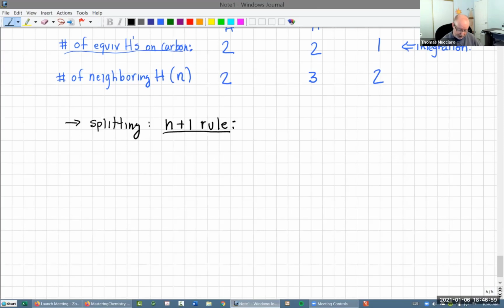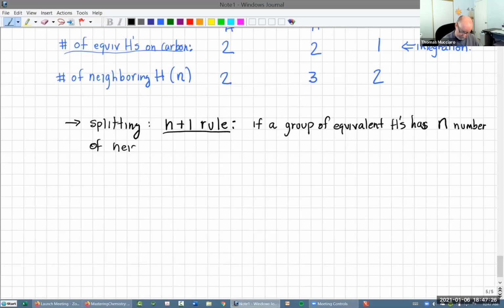And the N+1 rule says, sorry, shouldn't say peak, should say signal, and I will fix that.